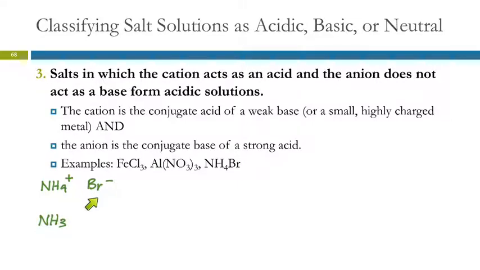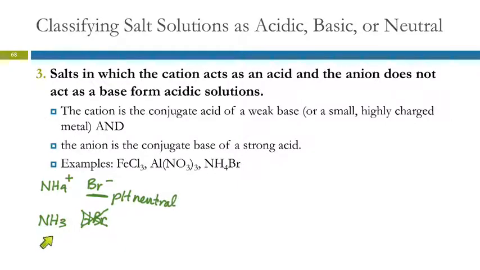And what acid does Br minus come from? HBr. Are either of these a strong acid or base? Yeah, this is a strong acid, and so the Br minus is not going to do anything to the solution pH. We say that one's pH neutral.